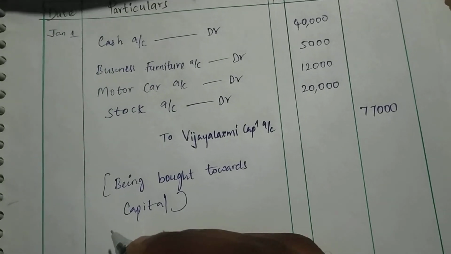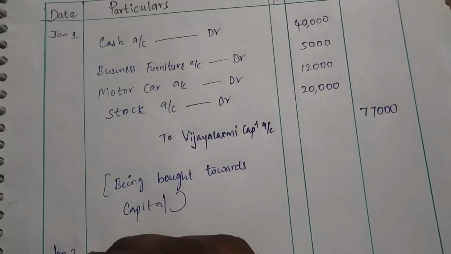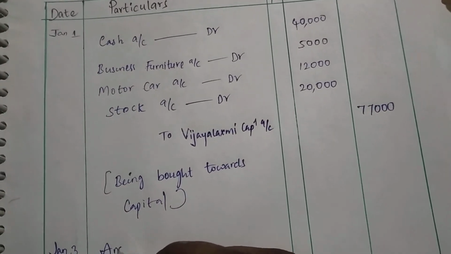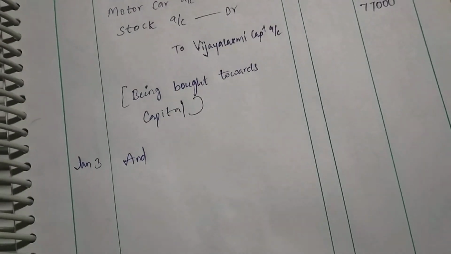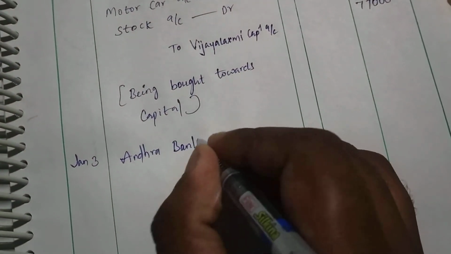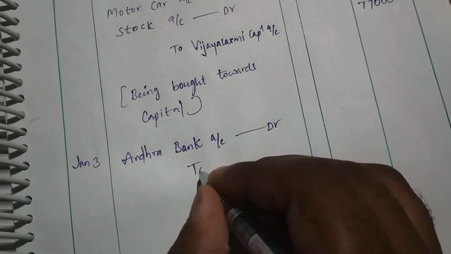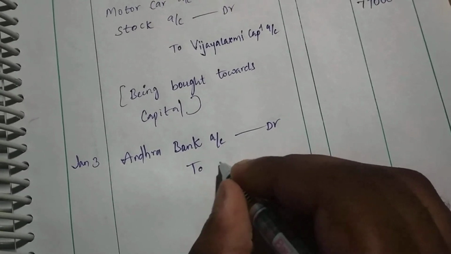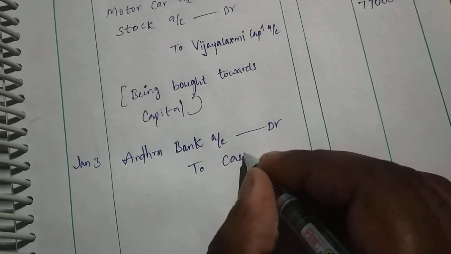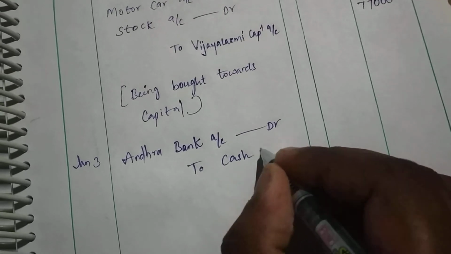So it's on January 3rd. Andhra Bank account debit. Since cash is going out of the organization, we are crediting. Cash is part of real account. As per the real account, what goes out we have to credit. Cash account.